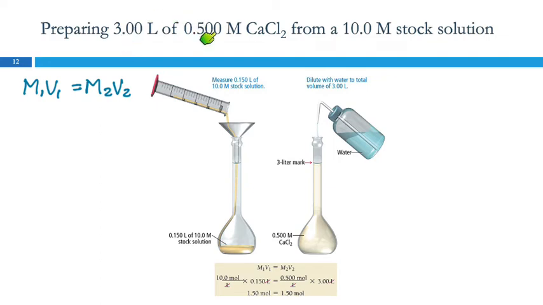This volume and this concentration go together, right? So maybe let's call that 1. So this is volume 1, and this is molarity 1. And then this is the other molarity, so that's going to be molarity 2.